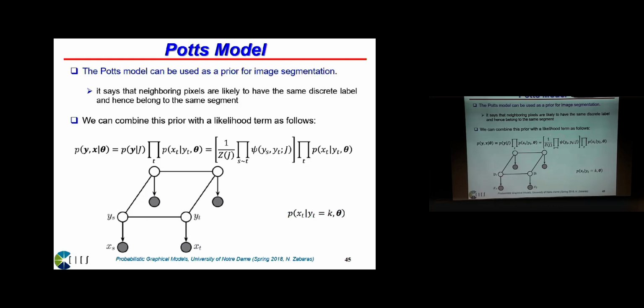So you're going to capture them with an undirected graph, but it really is a directed model, as you see here. Y_t is the parent of x_t. So this is the probability of observing x_t, assuming that the true state of that pixel is k.